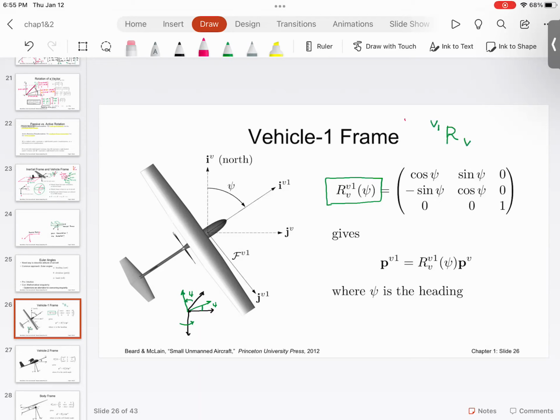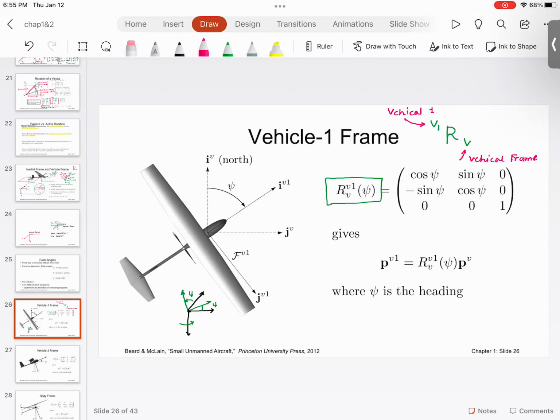This is vehicle 1 frame, and this is vehicle frame. So can you see that sign term is transposed? Are you with me so far? I would explain this once again.